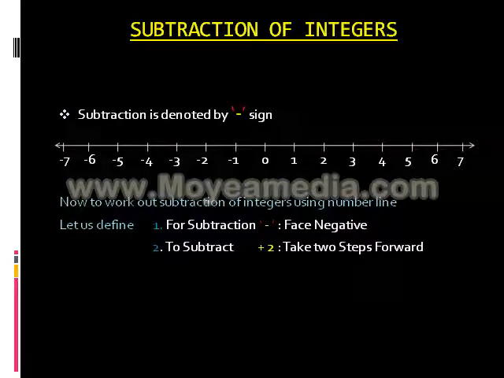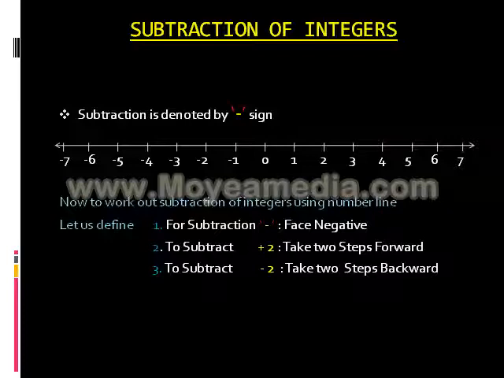Then to subtract a positive number, for example positive 2, take 2 steps forward, of course towards the negative side. And likewise, to subtract a negative integer, say negative 2, take 2 steps backward. Obviously, because when you are facing the negative side and you take 2 steps backward, you are moving towards the positive side of integers.